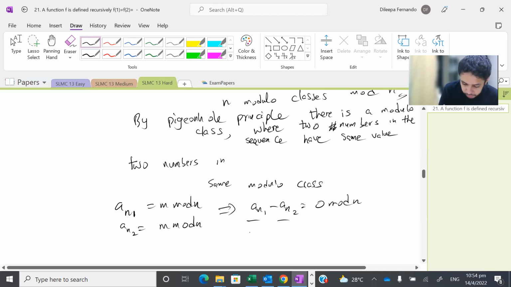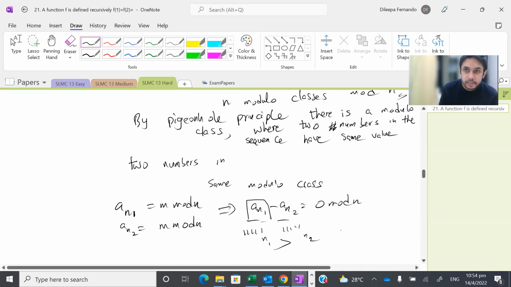So that means if AN is, let's say we have n1 number of ones and here n2 number of ones. And without loss of generality, let's say that AN1 is the larger one, so n1 is greater than n2.